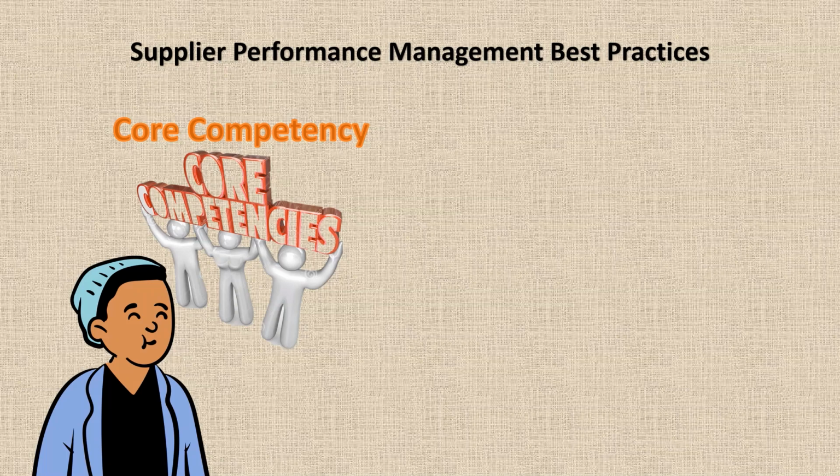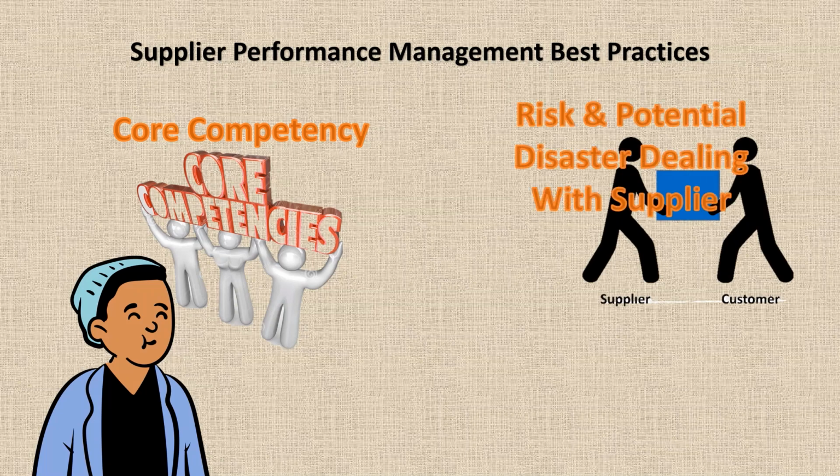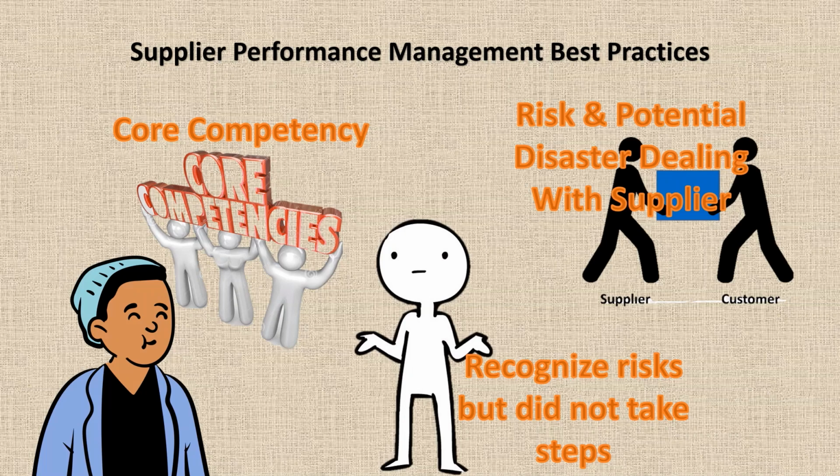The second, when dealing with suppliers, there are substantial risks and potential for disaster in the form of bankruptcy, environmental problems, delivery failure, lack of materials, poor performance, or product defects. And the third is that most organizations recognize that this risk exists but do not take sufficient steps to manage it effectively.